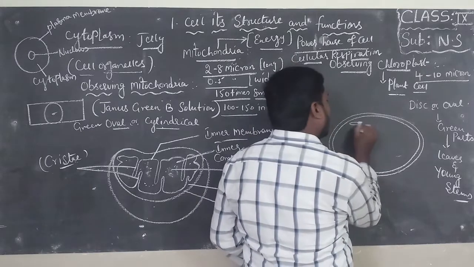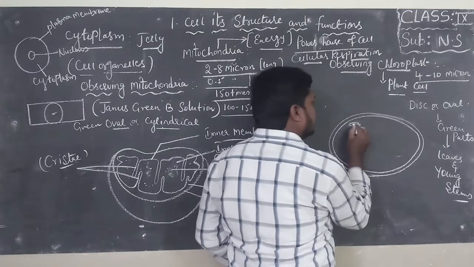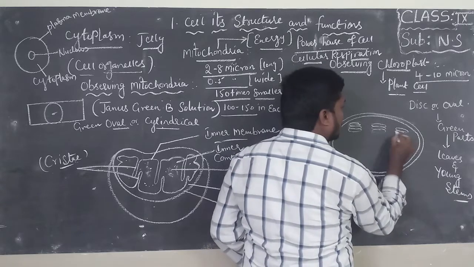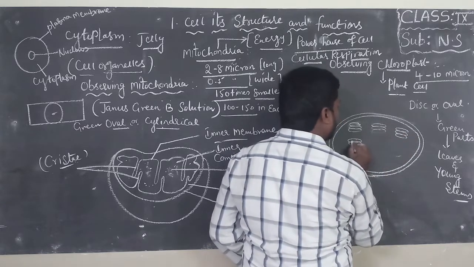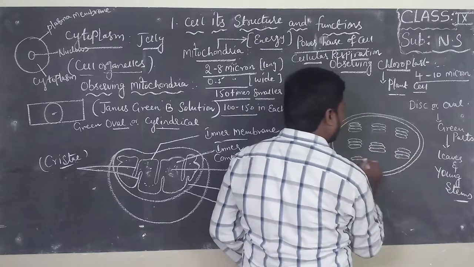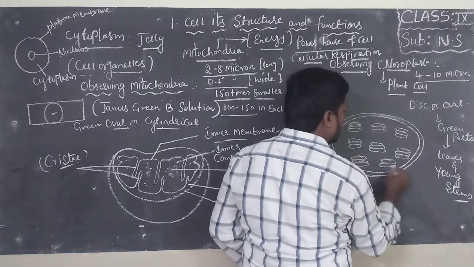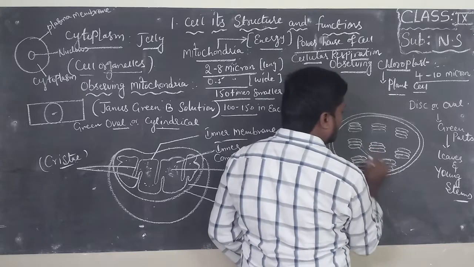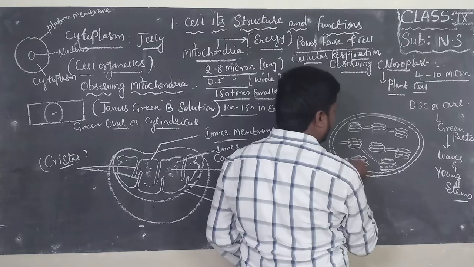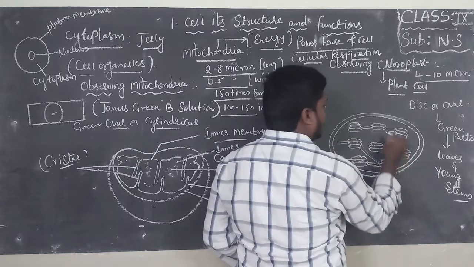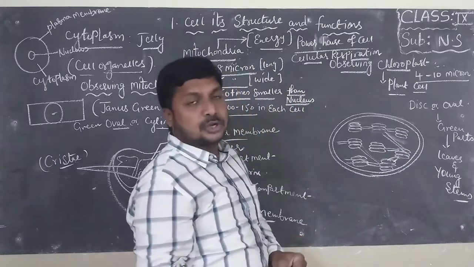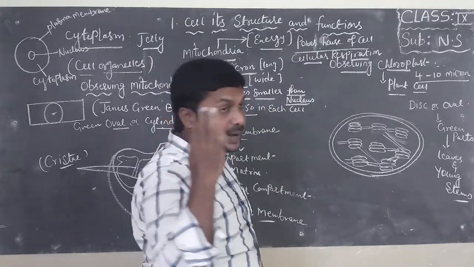See here, each chloroplast consists of 3 membranes, 3 layers.